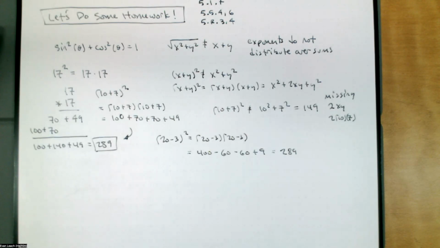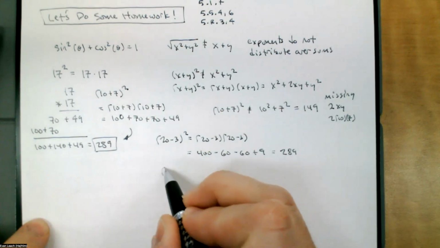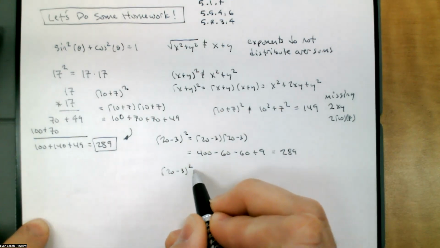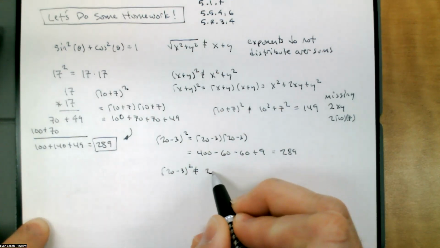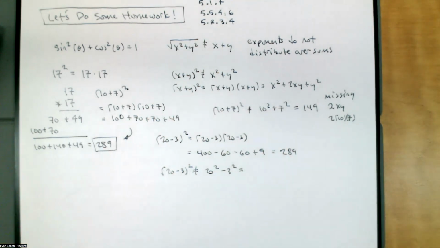And once again, we can't just square the two terms. 20 minus 3 squared is not just 20 squared minus 3 squared. First of all, the minus 9 will be going in the wrong direction because it's a negative 3 that's being squared. And second of all, we'll be off by those two negative 60s.